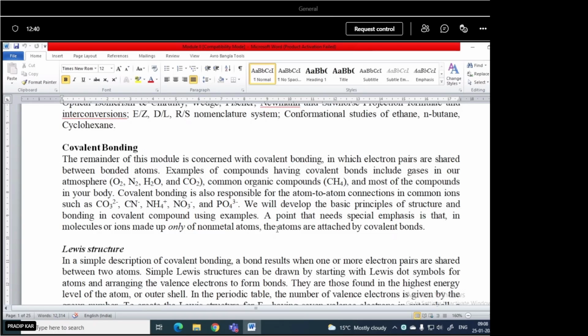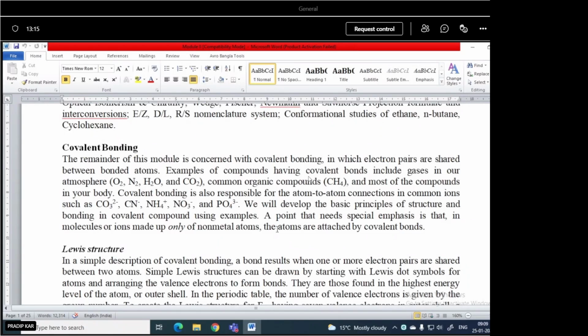Okay, examples of compounds having covalent bonds include the gaseous molecules like O2, N2, H2O. As in the very first class we have already discussed the classification of bonding. This is one type of bond, and organic compounds like CH4, most of those organic compounds have covalent bonds. That is, electrons are equally shared by the 2 atoms to form a bond.